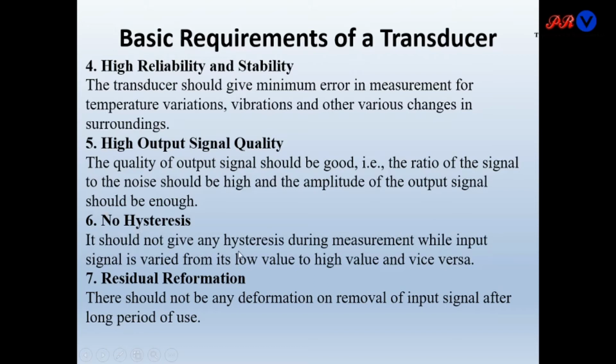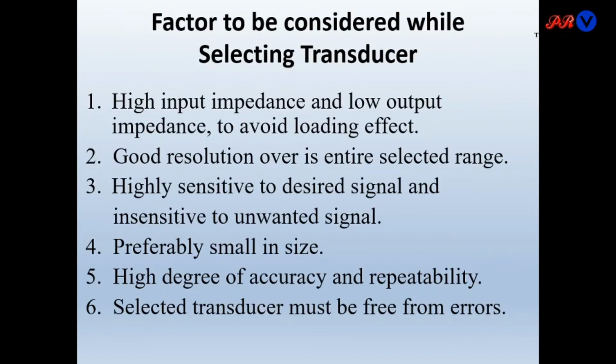It should not give any hysteresis during measurement while the input signal is varied from low value to high value and vice versa. Residual deformation. There should not be any deformation on removal of the input signal after long period of use. So the transducer must not be deformed when we remove our input signal.